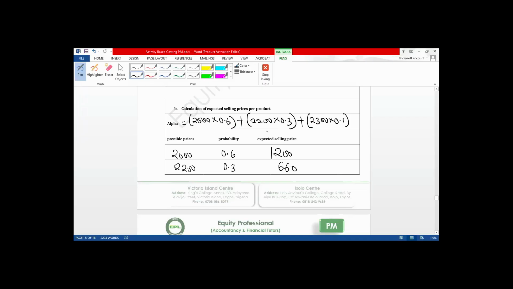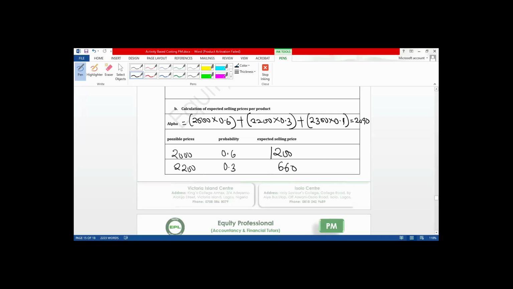Please add this, work this out. That will give you 2090. Please work it out. So the issue of dividing does not arise. You can use tabular approach, like what we did here. Or you can do it straight, no problem.